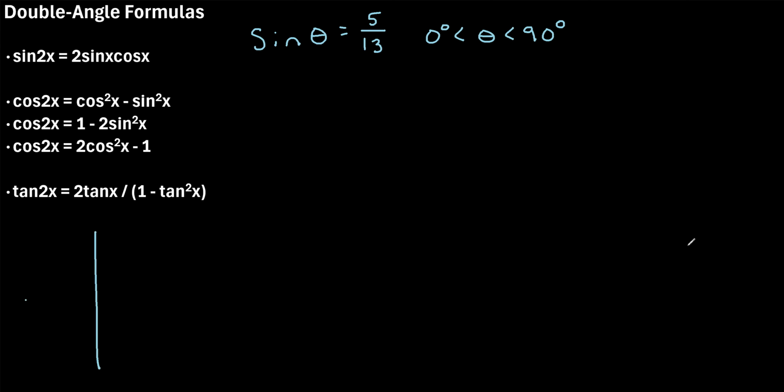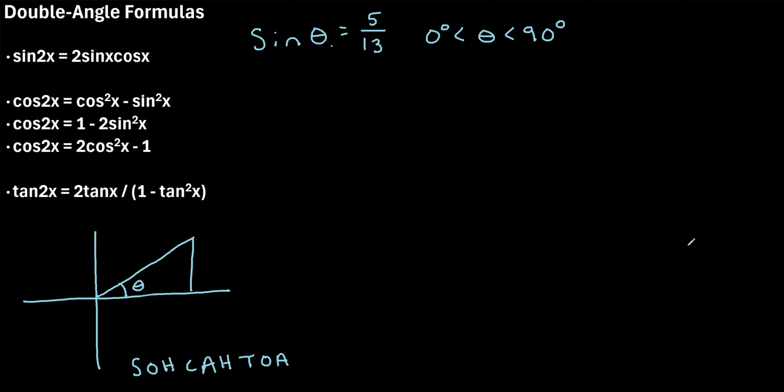So if we have the unit circle here, we know that some angle has a sine of 5/13. So if we make a right triangle out of this, remember our acronym SOHCAHTOA. That tells us how to calculate sine, cosine, and tangent using the sides of a triangle.